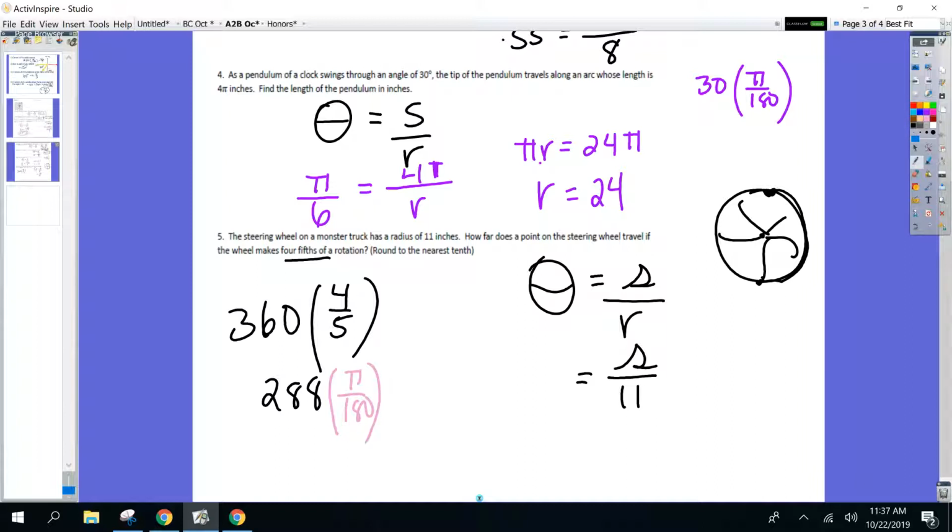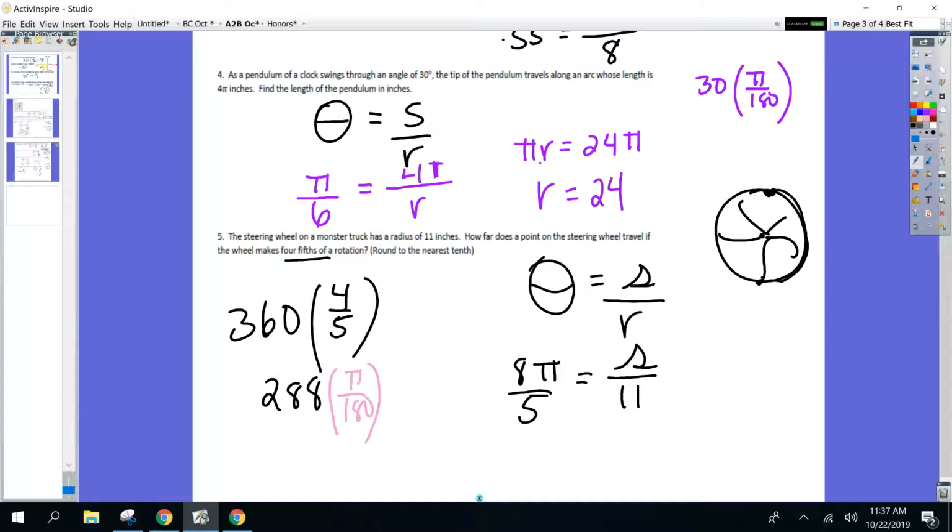Reduce, reduce, reduce. Keep pi in your answer. 8 pi over 5. And it does say round to the nearest tenth.